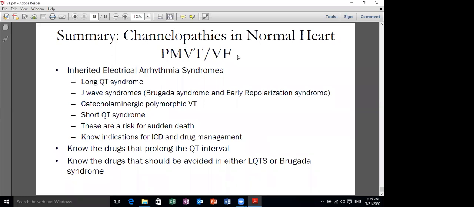The primary prevention indication is individualized according to the disease, and each patient has to be treated specifically according to his risk factors. Each disease has a group of risk factors that are cumulative, and you have to calculate the risk to be able to decide whether this patient has an indication for an ICD or not.